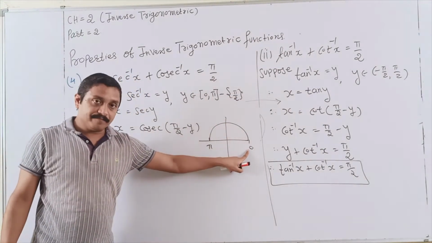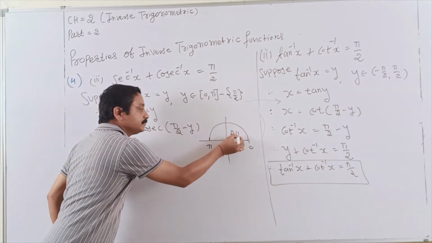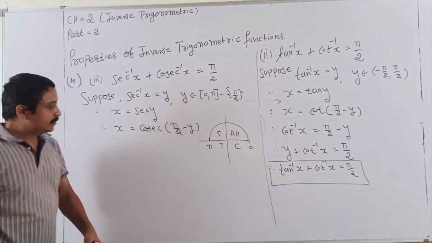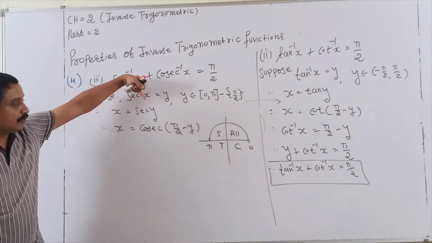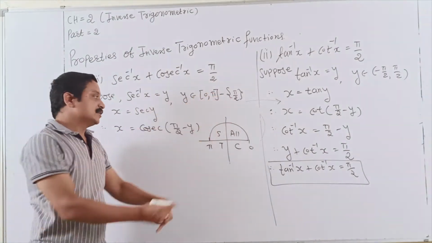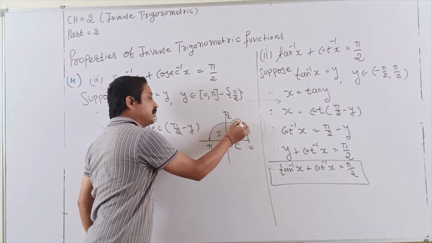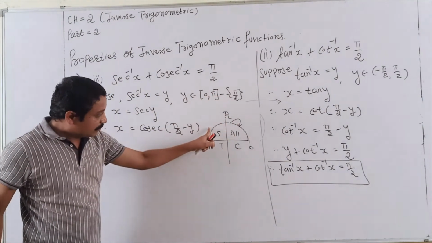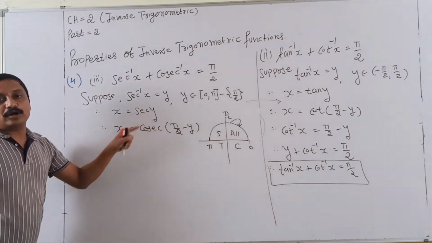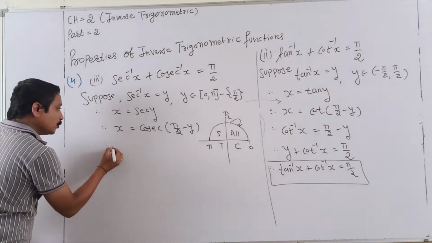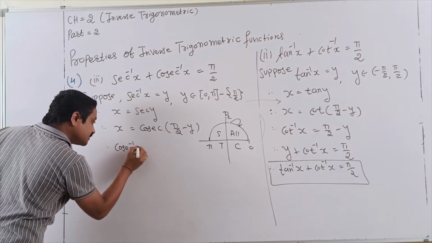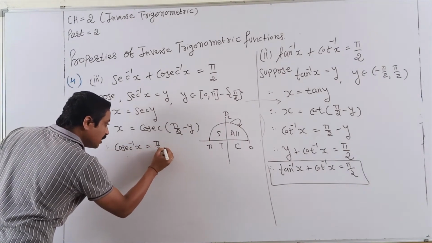Now 0 to pi. According to ASTC, students, sec is positive only in the first quadrant. That's why I am taking 90 minus here. If you take 90 plus, it does not convert to positive. So 90 minus y.